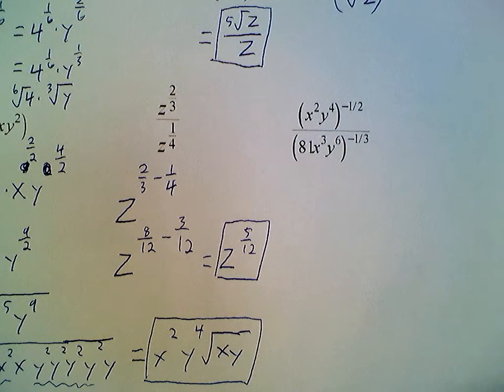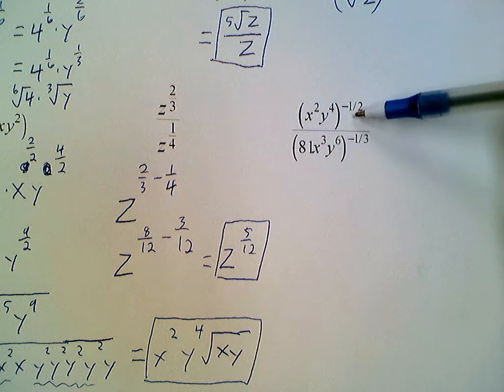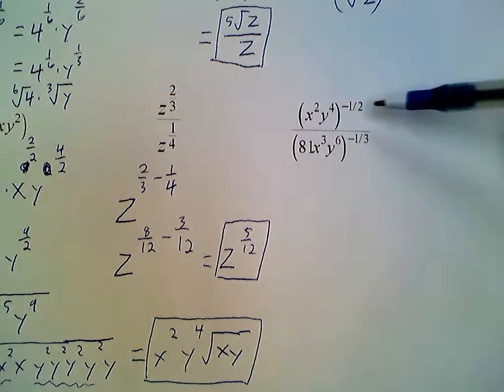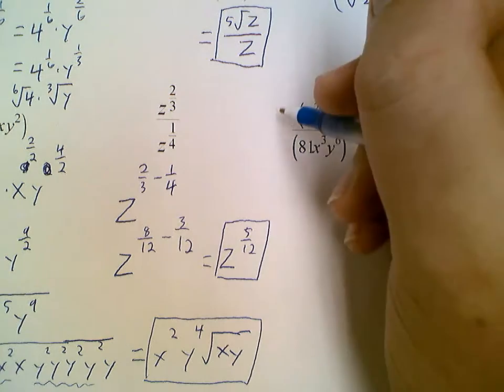Okay, so what I'm going to do is go ahead and, right away, both of these fractions are to a negative exponent, which means both of them are going to move to the numerator or the denominator.